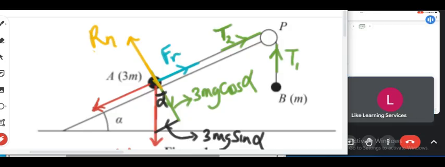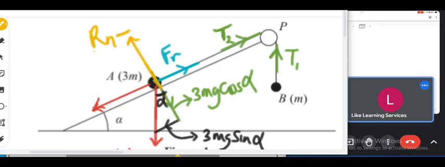Right. It's getting exciting. What I'm saying is there is no resultant force perpendicular to the plane. The normal reaction above the plane must be equal to the force 3 mg cos alpha below the plane. The yellow force must be equal to the green force. Since it is not being lifted above the plane, neither is it piercing into it, the resultant force perpendicular to the plane is 0.